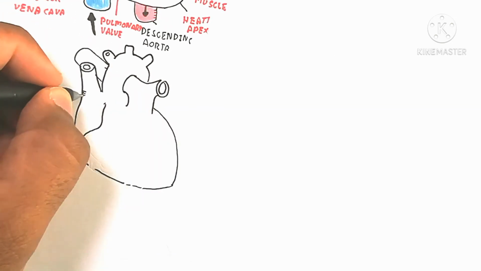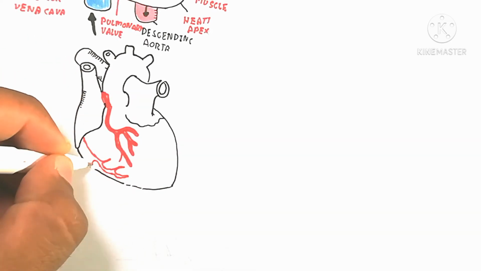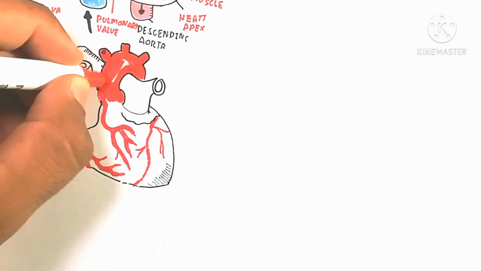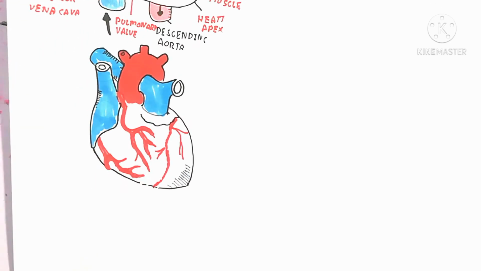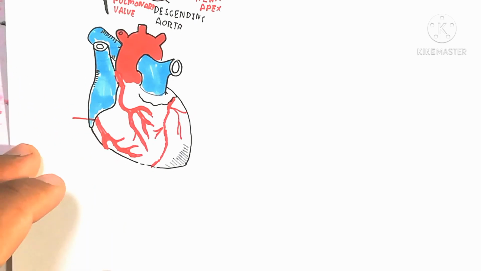Here I am drawing another heart diagram, which is the complete heart, not cross-sectional. Here the coronary arteries are present, and here are the left atrium and left ventricle, and the right atrium and right ventricle.